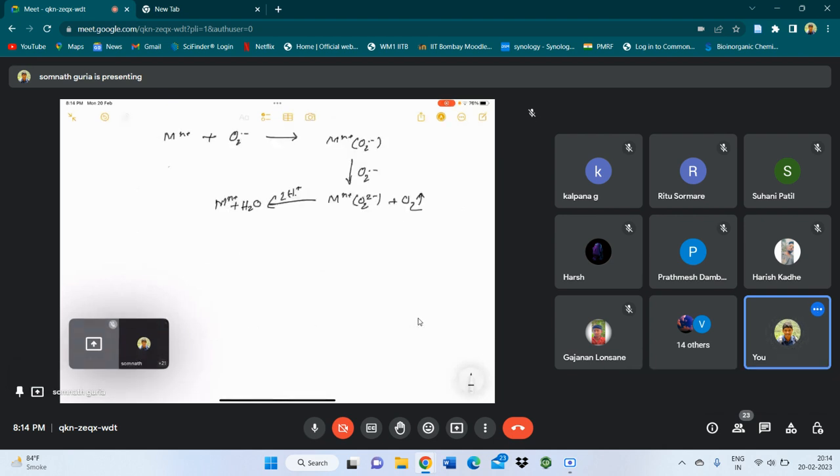And coming to the iron SOD, how it looks like.